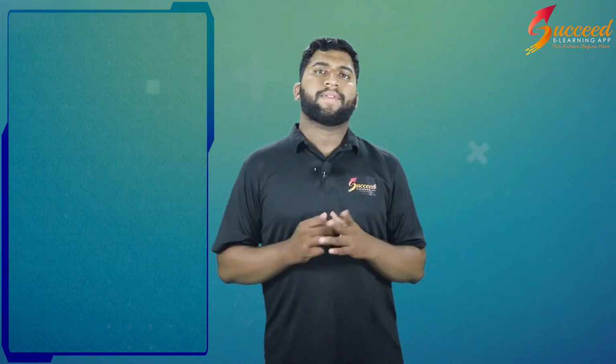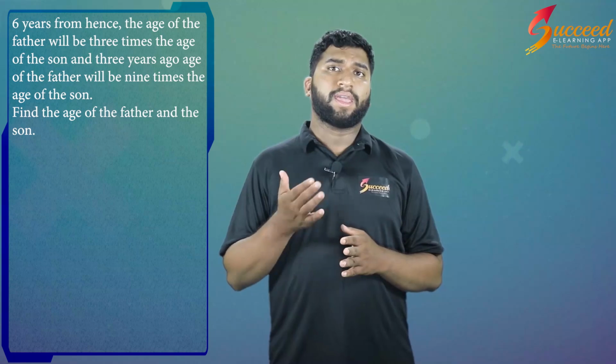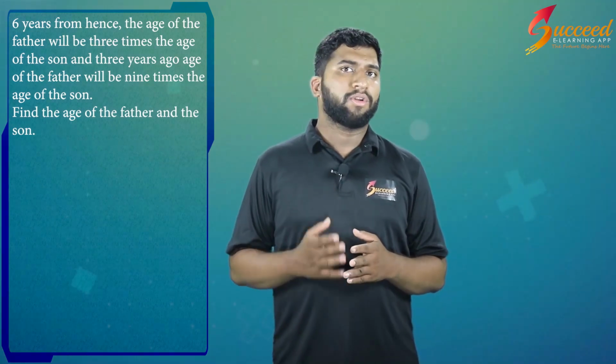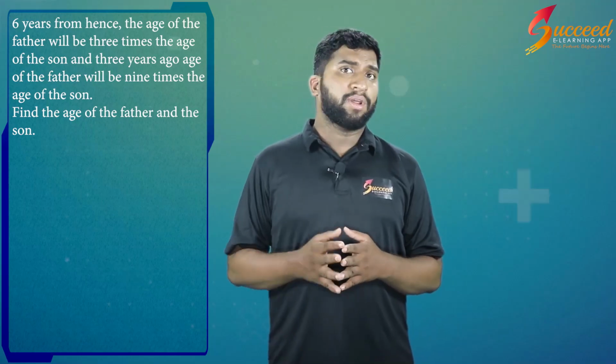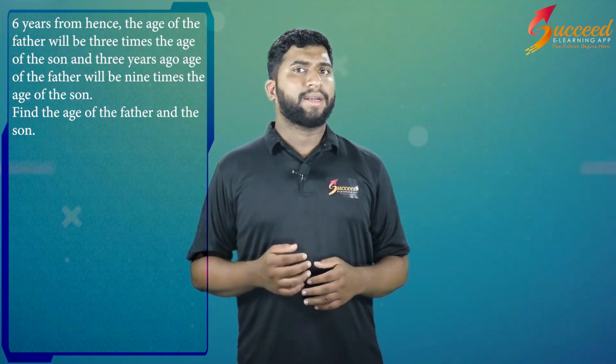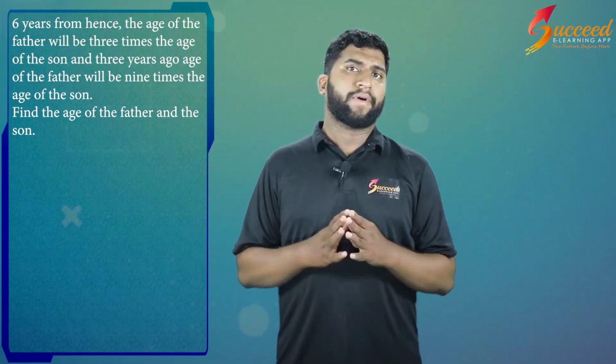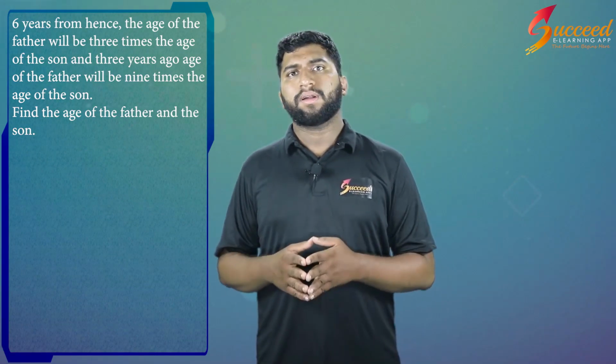Yes friends, here we are moving ahead with our third statement sum. So you can observe here the question is like this: 6 years from hence the age of the father will be 3 times the age of the son, and 3 years ago the age of the father was 9 times the age of the son. Find the age of the father and the son.